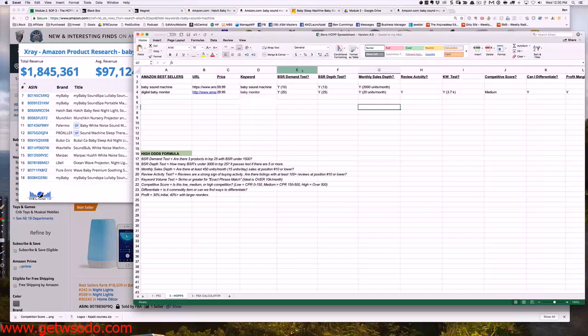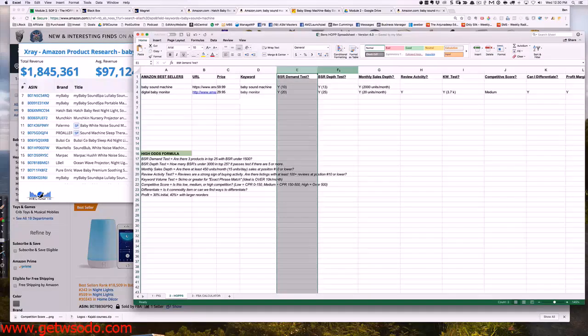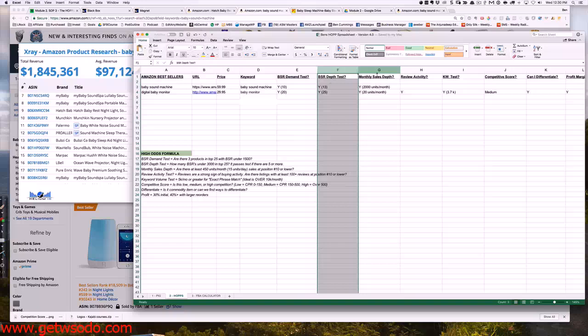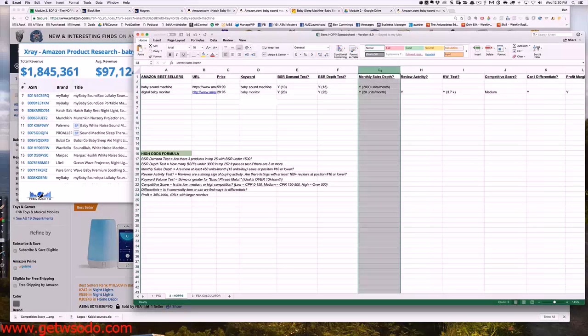Anyway, so we started off not having a clue what would make a good private label product in baby. Now we found a product, and now you're getting absolute specific objective criteria of the demand, depth of demand, and even if we kind of suck at ranking, you can see that we can still crush it. Are you liking this process so far? Is this getting you excited? I mean, can you see why this process is so successful?